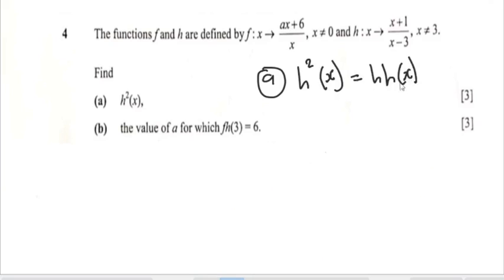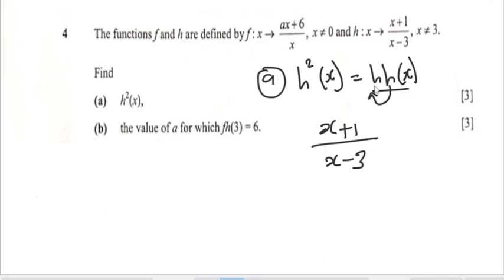So we're having a function which is a composite function, meaning that this function of h is going to compose with the function of h. At first we write the function of h, which is x plus 1 over x minus 3.